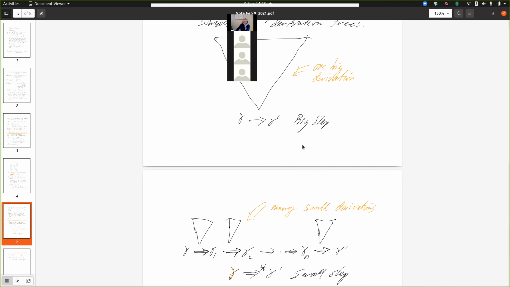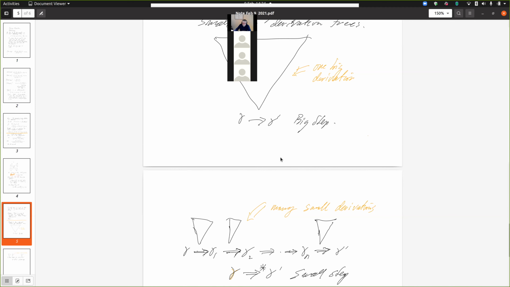Now, what this is suggesting is that we could say gamma arrow star to gamma prime. If you have this goes to that and there's a derivation, and then this goes to this and there's a derivation like that.